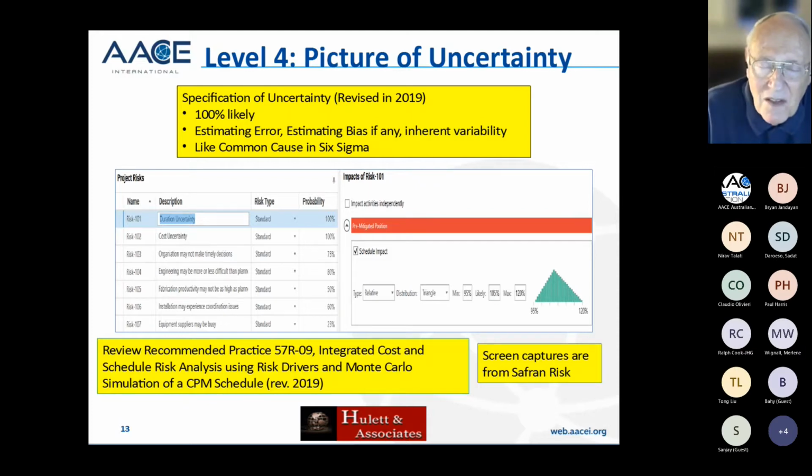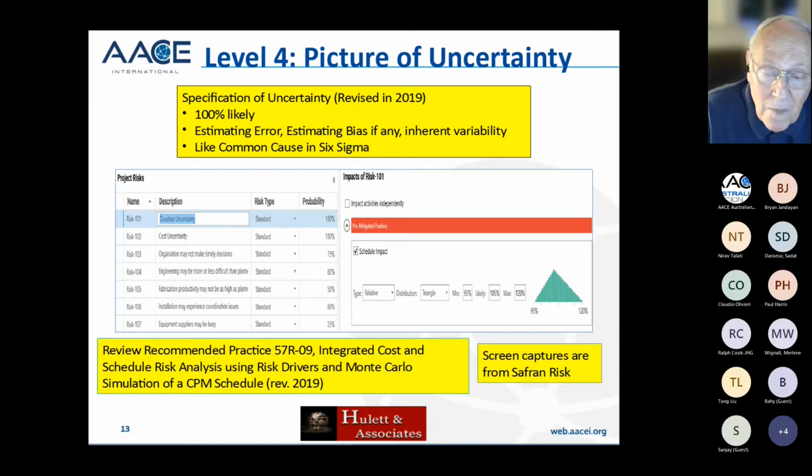That is because there's a significant pressure to be optimistic when you're developing a schedule, and inherent variability of people and organizations not being able to be relied upon to do things according to plan.